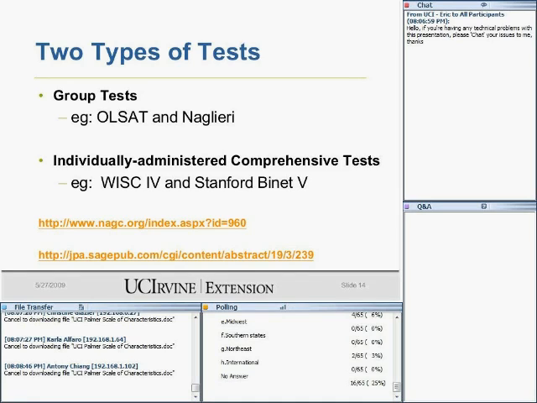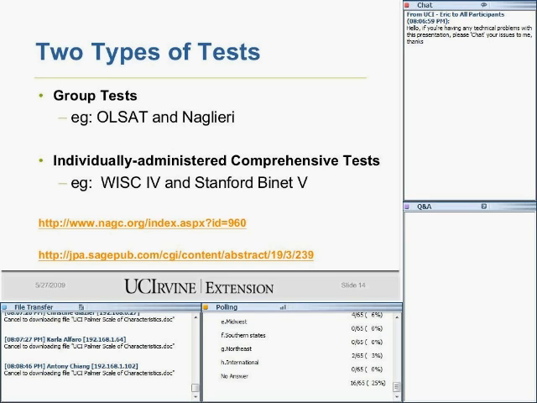The group test can miss some gifted kids, particularly kids that are not time conscious or kids that are a bit inattentive. Research has shown that they do tend to miss some gifted kids, and some research shows that the more highly gifted a child is when you test them with an individually administered test like the WISC-4 or Stanford-Binet 5, the more likely it is that a group test will not catch that child, so there'll be some false negatives.